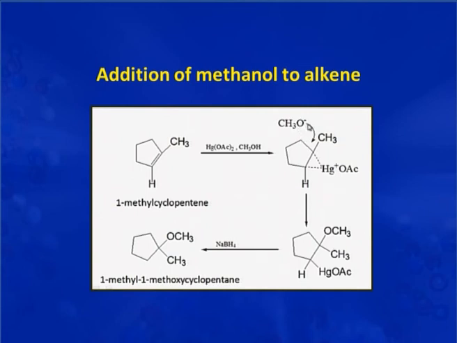Methoxide can attack this carbon as well as this carbon, but it attacks preferentially the carbon which forms a more stable carbocation, and the more stable carbocation is at the more substituted position. That is why methoxide attacks this carbon, followed by the reaction with sodium borohydride. The product formed is 1-methoxy 1-methyl cyclopentane.